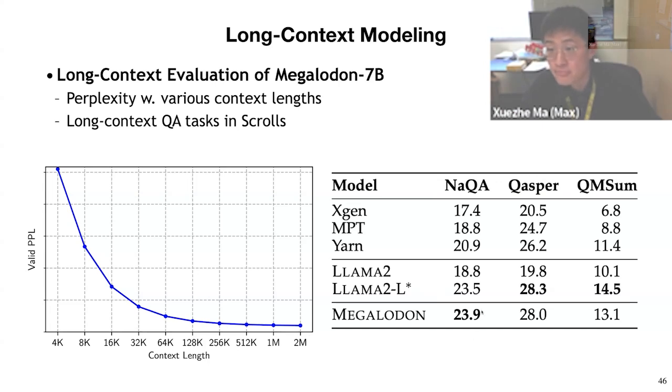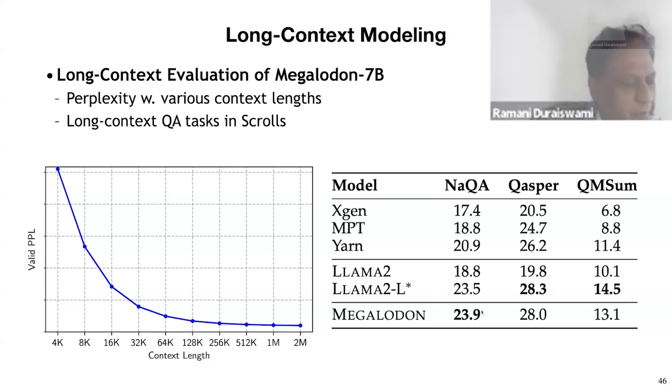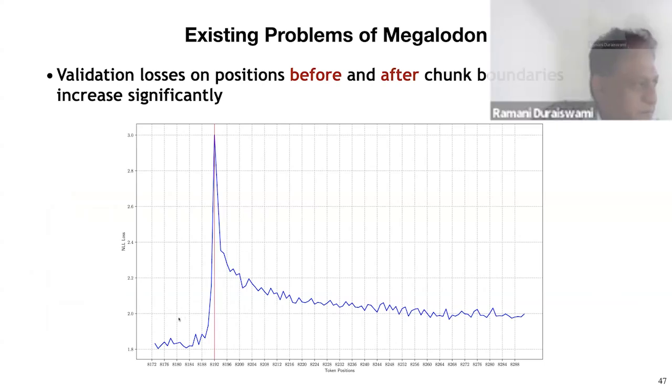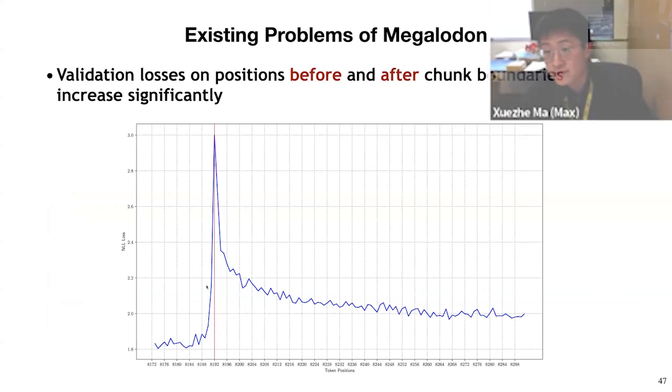And do you see any problem of forgetting in the middle and so on? Yes, as I show in this figure, at some chunk boundaries, we still see the loss increases. So it means there are still some bottlenecks between the attention chunk boundaries.